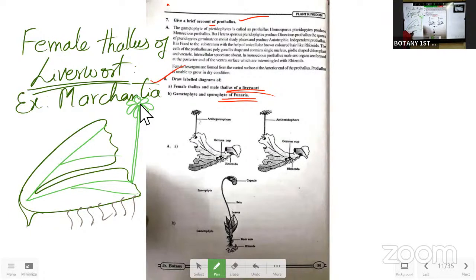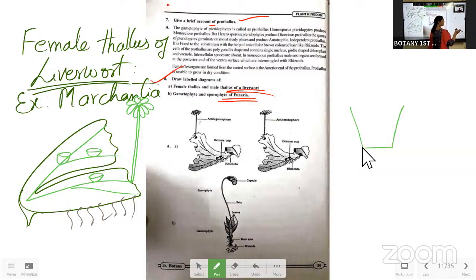Now come to the labeling part. Before giving the labeling, on the midrib, draw the cup-like structure. See how I am drawing a half moon. It's just like a teacup. We are not good artists.